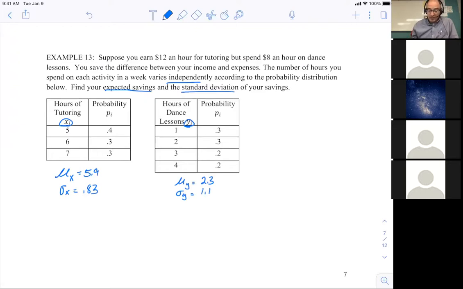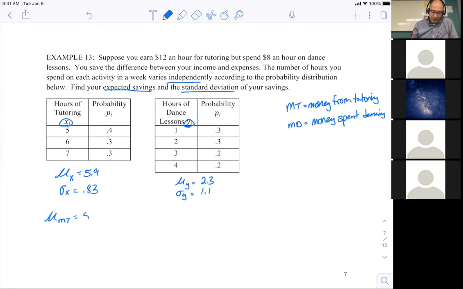Now the thing is, we're dealing with money, so we have to know what I'm going to make from my hours of tutoring and spend on my hours of dance.